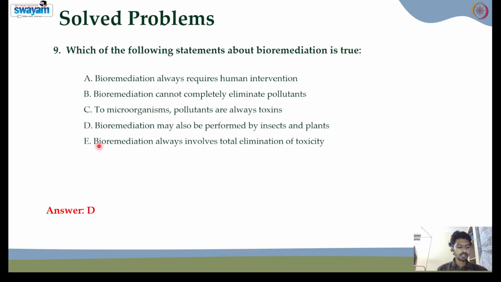And option E, bioremediation aims to reduce or remove the pollutant, but the resulting byproduct can also be toxic, though it will try to minimize the toxicity to a safe level. So this is not always true. They do not always eliminate the toxicity. Either they reduce, contain, or try to transform the pollutant. That's why option D is more accurate than all other options.